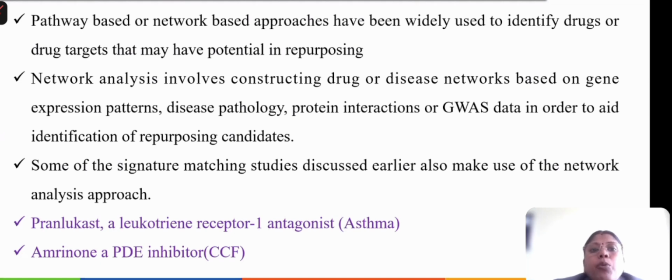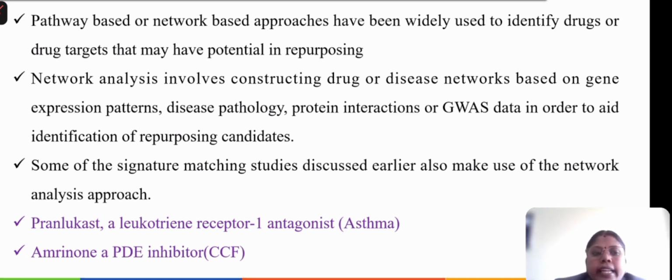The next one is network mapping or pathway mapping. So pathway-based or network-based approaches have been widely used to identify drugs or drug targets that may have potential in repurposing. So here you can construct protein-drug interactions or protein interactions based on gene expression patterns, disease pathology, protein interactions or GWAS data.